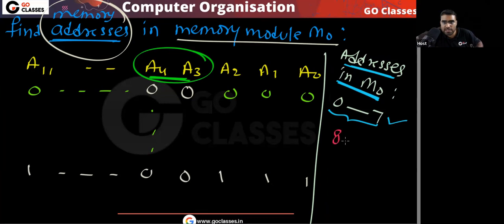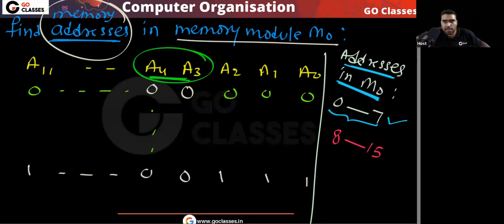So 8 all the way to 15 will not be there. Actually, 16 also will not be there. Even 16 will not be there. I hope you understood. Is this clear? Please tell me.